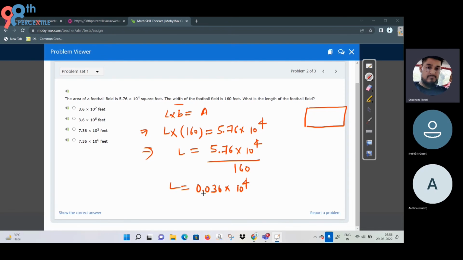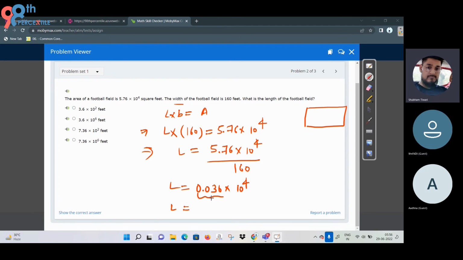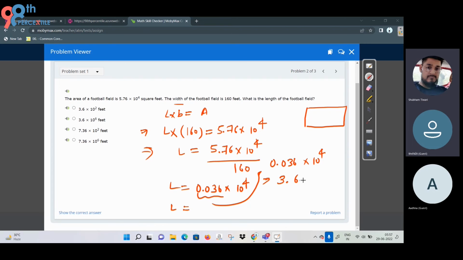Now, as you know, in scientific notation you need to convert this number to between 1 and 10, which means you will have to remove two decimal places. So you multiply by 100. If I take this 100 inside, it will be 3.6 times 10 square. This will be your answer.